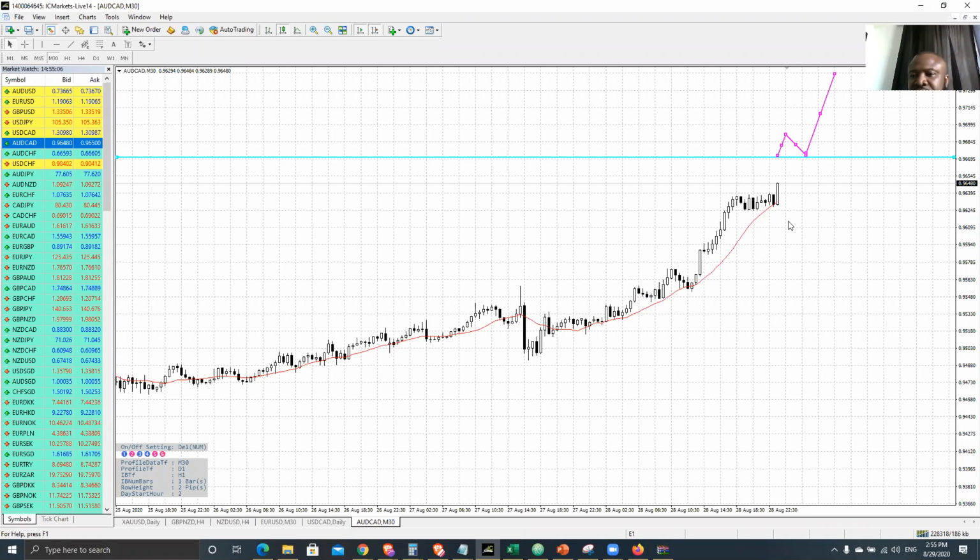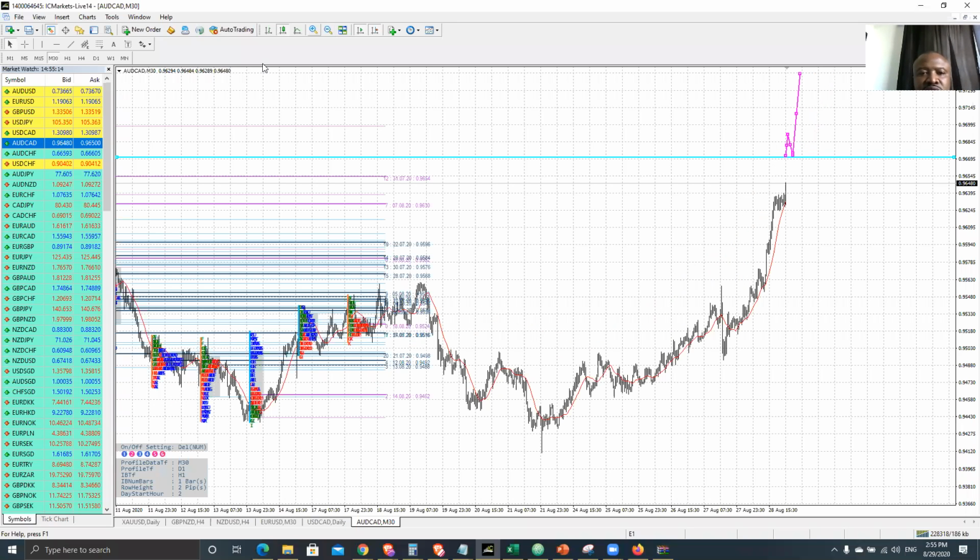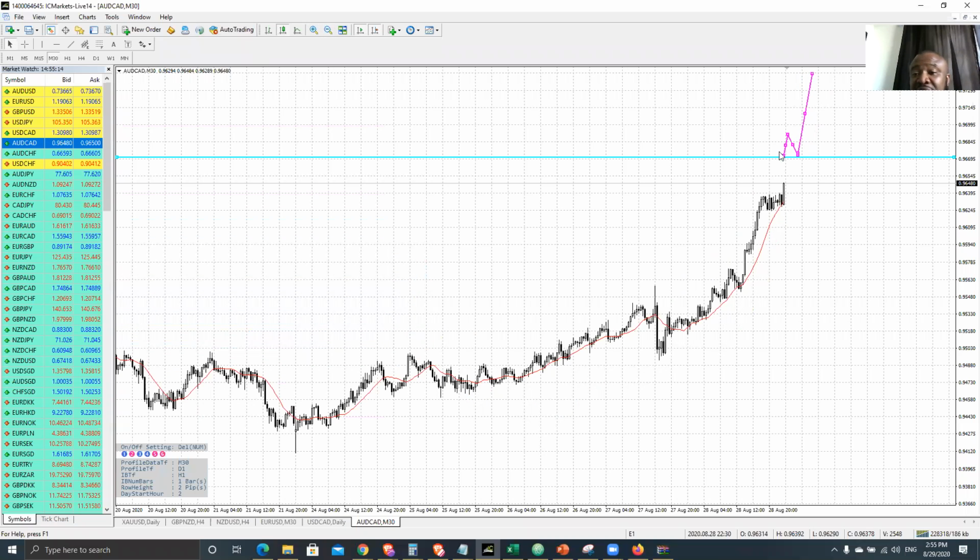So that is approaching 96.70. Watch out for it. But in the meantime, it doesn't make any sense to do anything. Price may get here and then start to sell off at 96.70. But for you to be a buyer of the Aussie Kiwi where it is now, you want to see that break of 96.70 and then the test of it, and price will be going up higher.